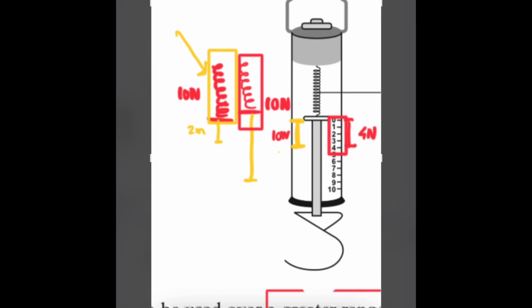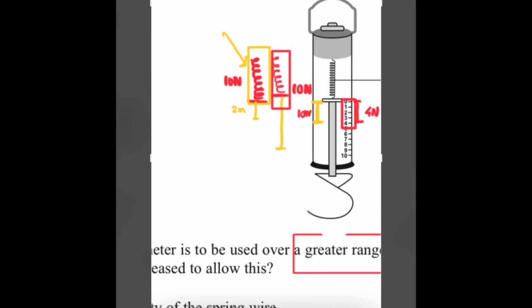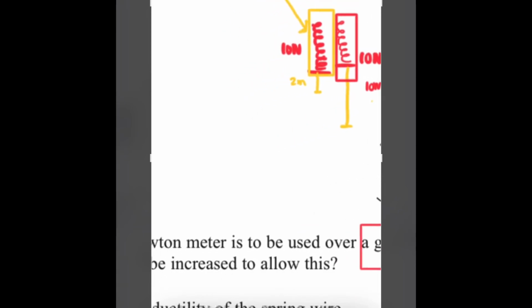When we are using a thicker spring, more force is needed to provide the same extension, right? Since we have F equals kx, if we increase the thickness of the spring, the value of k would increase. The value of k is the spring constant, or the stiffness. So for the same force applied, if the stiffness is increasing, the extension would decrease.